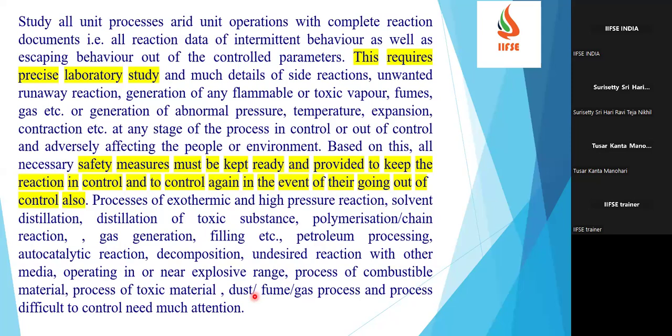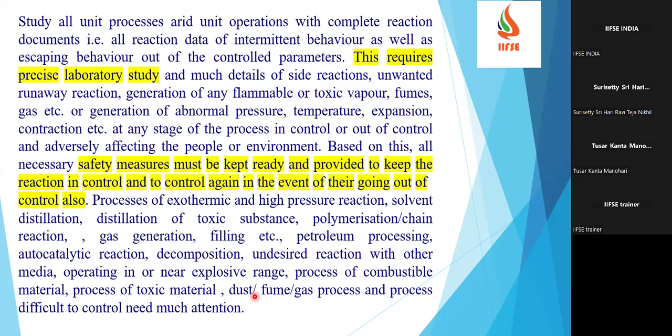I'm running through the words, but it is simple: in case of any exothermic reaction or high pressure reaction in a distillation process, or with any toxic substance, or polymerization, or chain of reactions, or undesired reactions in the media, it is difficult to control and needs much attention.